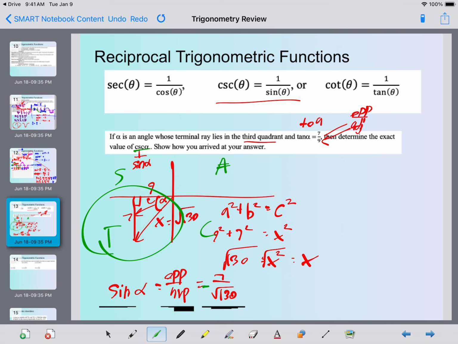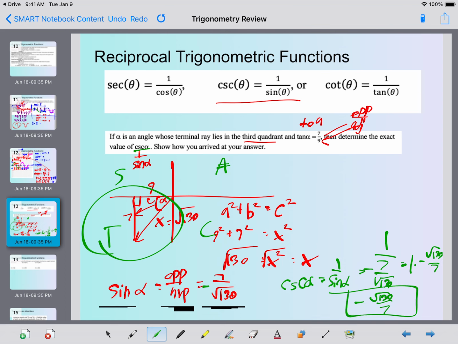We're looking for 1 over sine. So cosecant of alpha equals 1 over sine, which would be 1 over negative 7 over radical 130, which would be 1 times negative radical 130 over 7. You would get negative radical 130 over 7. That's your answer, one way of doing it.